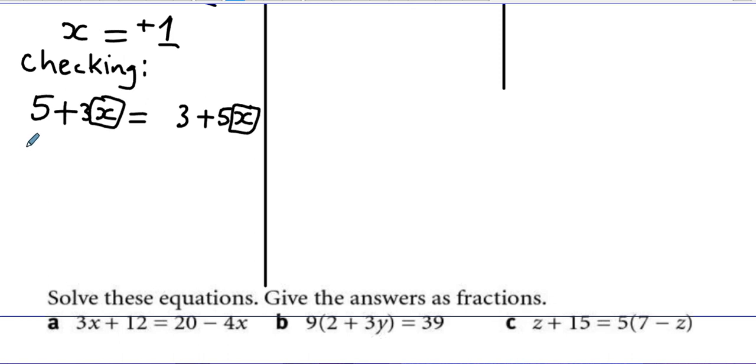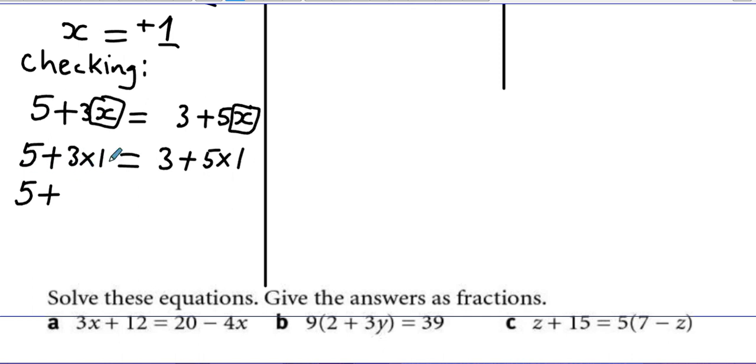So this will be 5 plus 3x, which means 3 times the value of x, which is 1. Let us see if it will be equal to 3 plus 5 times x, but the value of x is 1. Use BODMAS, you have to multiply before you add.